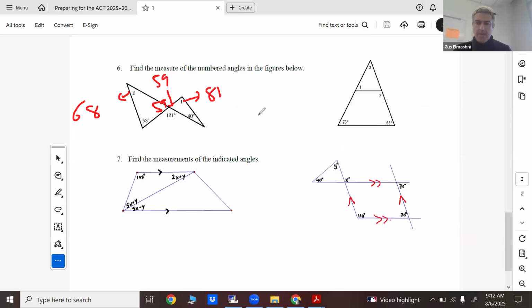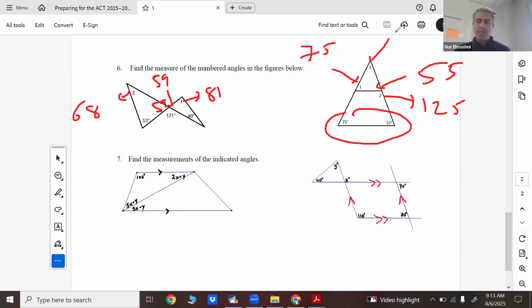Then here, that's 125. So that's 55. Then that's, of course, 75. So you got 130. So this has to be 50.